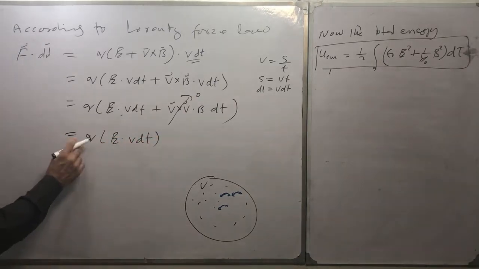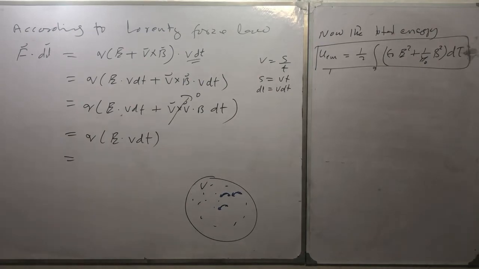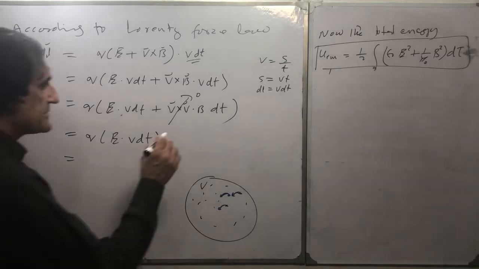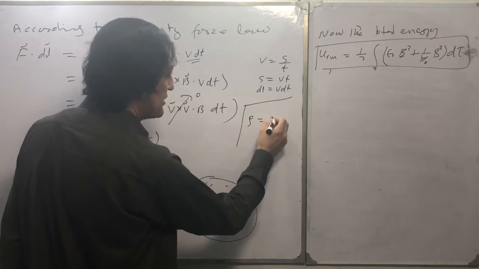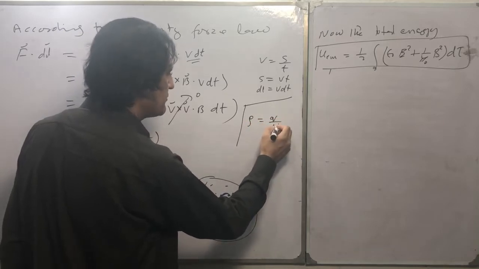We also know that q is equal to rho d tau, where rho is the charge per unit volume.